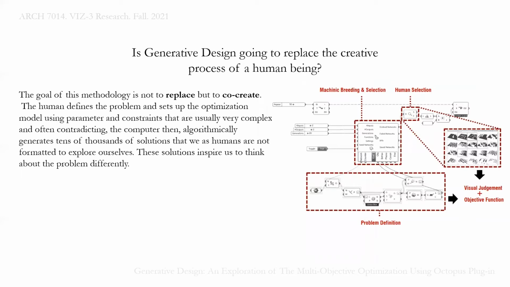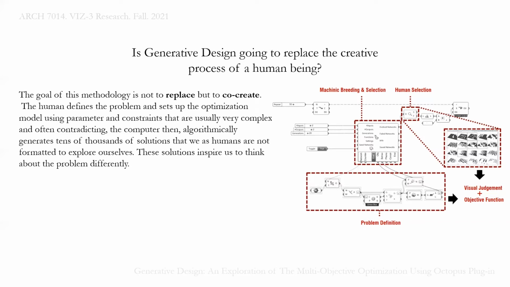So the question is, is generative design going to replace the creative process of a human being? The goal of this methodology is not to replace, but to co-create and co-design. The human defines the problem and sets up the optimization, so the human really feeds the computer model using parameters and constraints that are usually very complex and often contradicting.